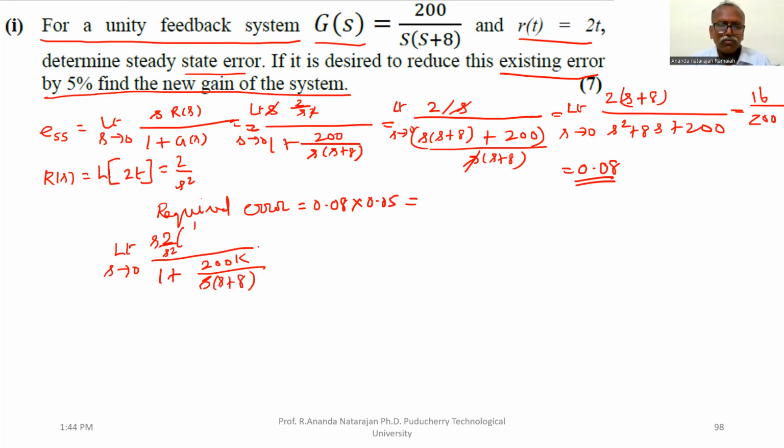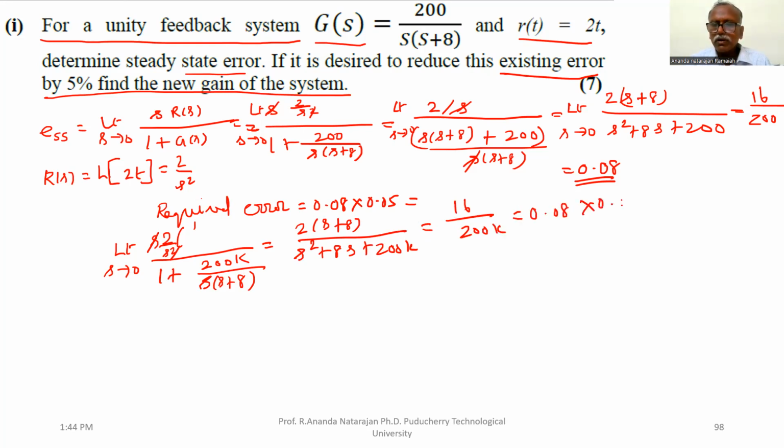We have to find the value of K. That is 2 into (s plus 8) divided by s square plus 8s plus 200K. That is equal to 16 divided by 200K equal to 0.08 multiplied by 0.05.